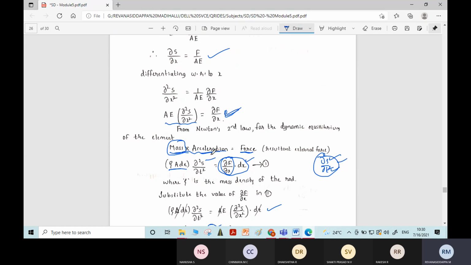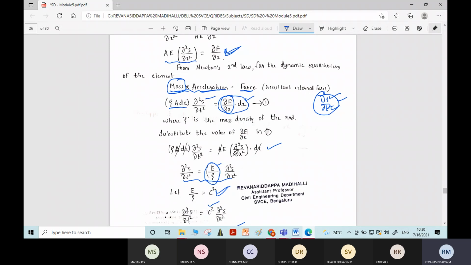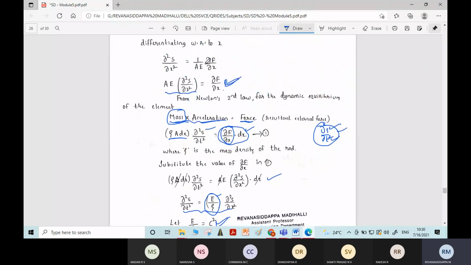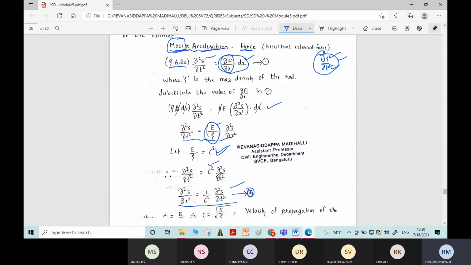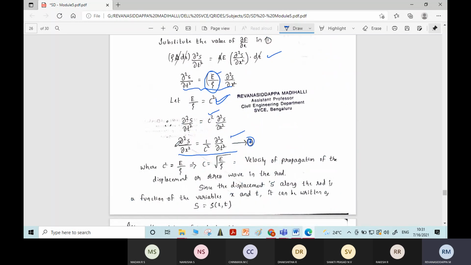After that, utilizing Newton's second law and substituting this value in this expression, we obtained the condition del square s by del x square is equal to 1 by c square into del square s by del t square. The next step is getting individual expressions for del square s by del x square and del square s by del t square.